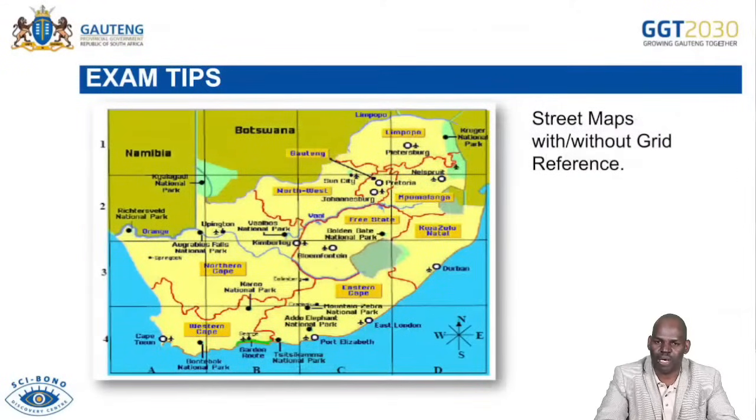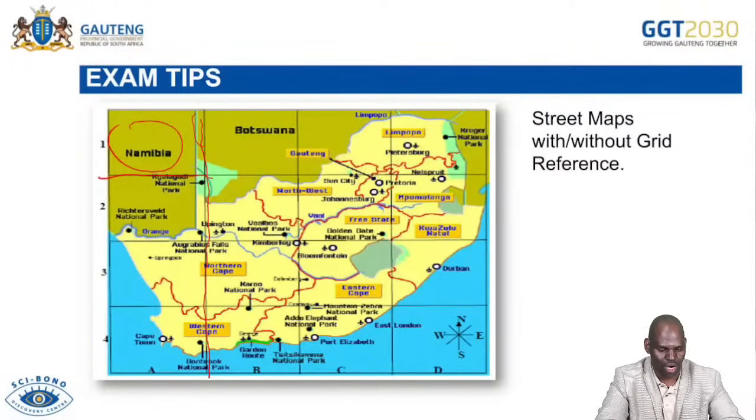And then we've got street maps. Street maps with or without grid. What do we mean by a grid? You see a table here, with blocks. So this is a block. In this block it's indicated as block number 1, but actually when we name it, we say it's A1.